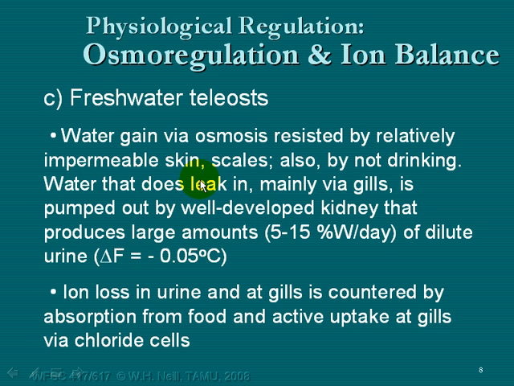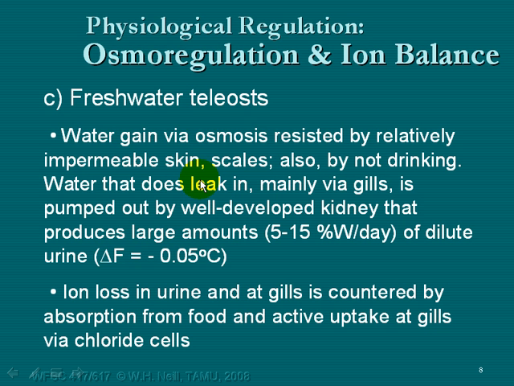The words, I guess, that are always used in the textbooks are copious amounts of urine. 5 to 15% of body weight per day sounds pretty copious to me. And the urine is dilute, but it's not dilute compared to the water in which the fish are excreting.